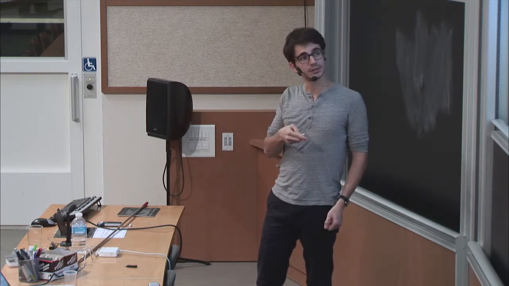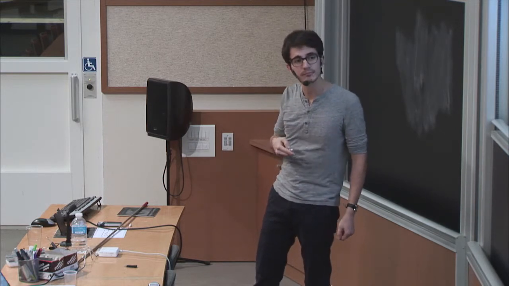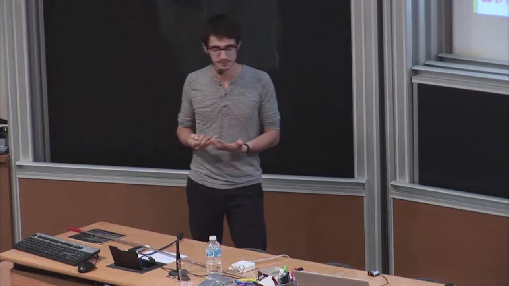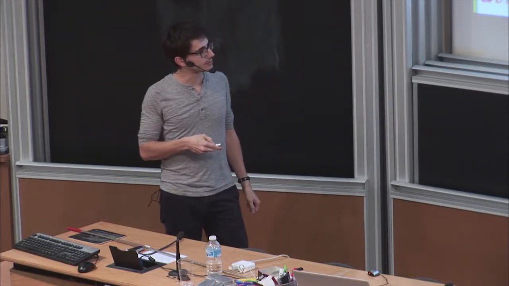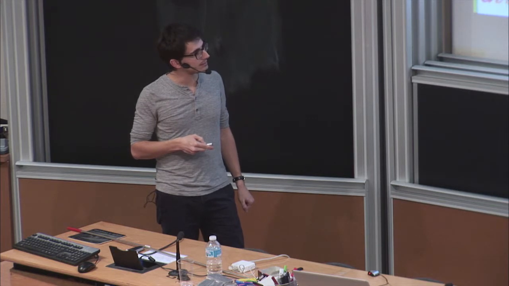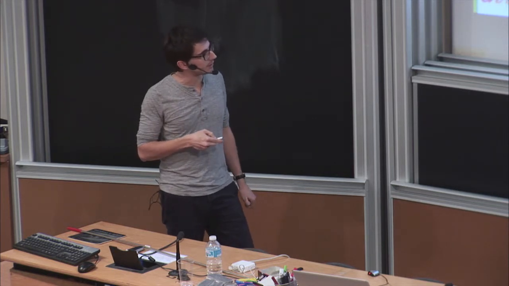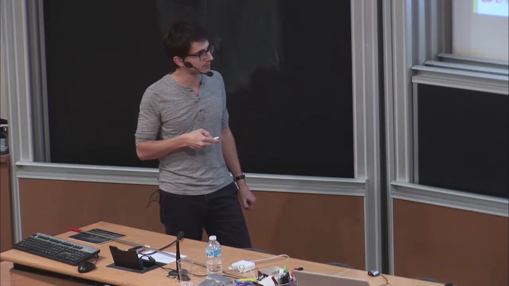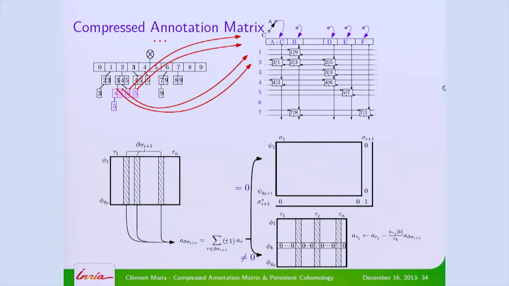Or your annotation vector is non-zero, and then you need to proceed to a reduction. So the reduction is of this form, and you simply need to find all the non-zero values of the row phi k you're reducing, because you're multiplying by this element, which needs to be non-zero.